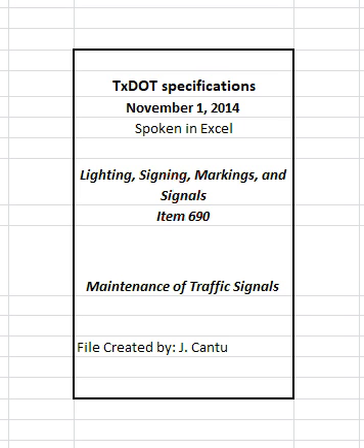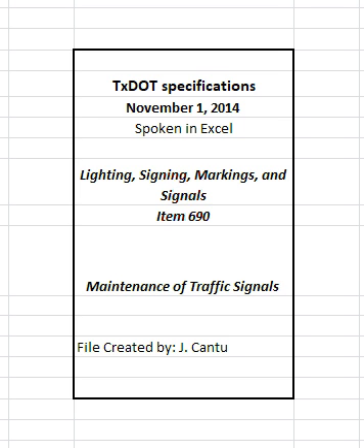Item 610, roadway illumination assemblies. Item 618, conduit. Item 620, electrical conductors. Item 622, duct cable. Item 624, ground boxes.